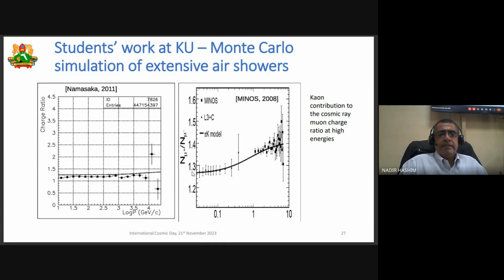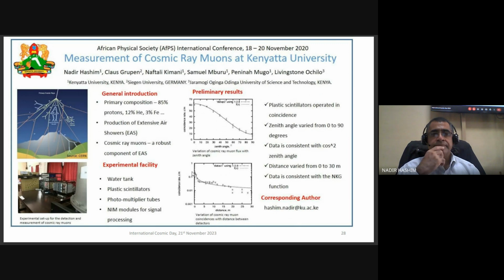He was looking at the charge ratio of cosmic ray muons at high energies and the contribution of kaons, because kaons are heavier than the pions, so you have more energetic muons coming from the contribution of kaons. Namasaka is also doing his PhD in Germany. And later on, I've been working with more students in this field.